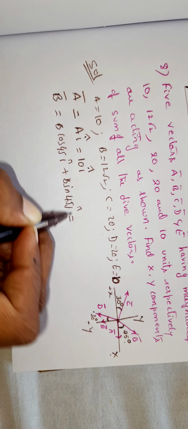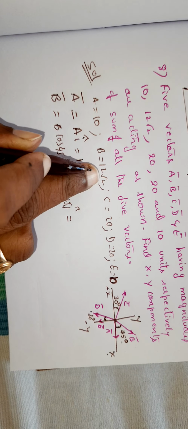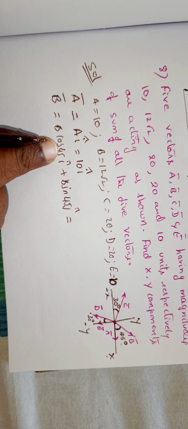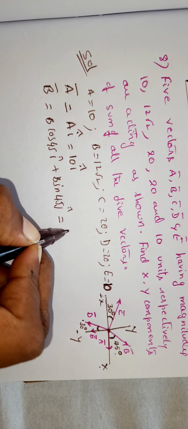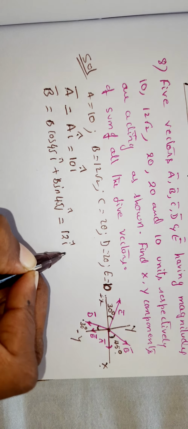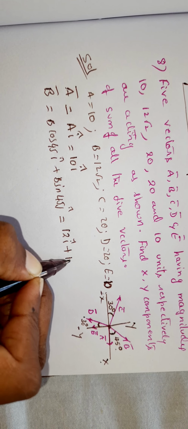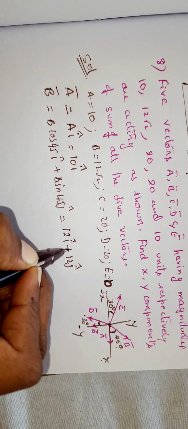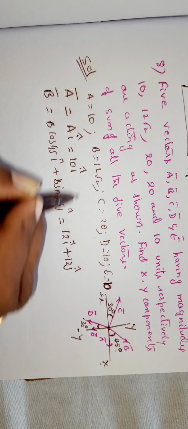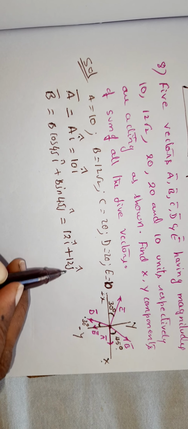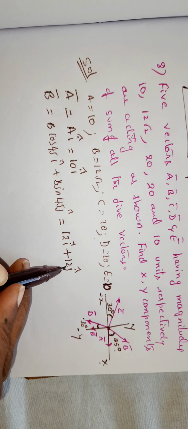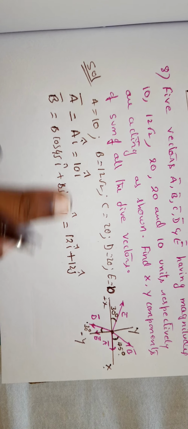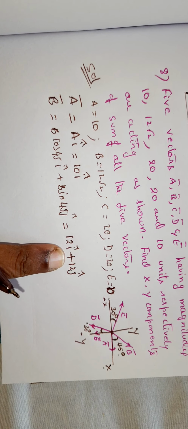Very good. So what is b? 12 root 2. Cos 45 is 1 by root 2. So therefore I am writing directly 12 I cap. The same is with this one also. 12 j cap, because sin 45 is also 1 by root 2. Root 2 will get cancelled. You got 12 I cap plus 12 j cap is B bar. I got A bar. Now I got B bar.